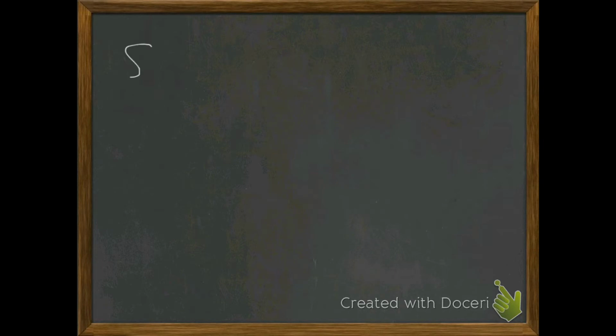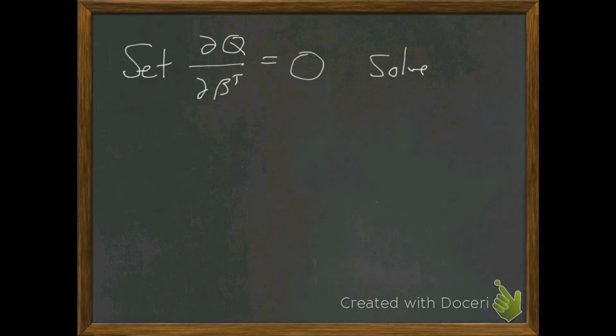Next thing we want to do, as you would hopefully know by now, is set this equal to 0 and solve for beta.